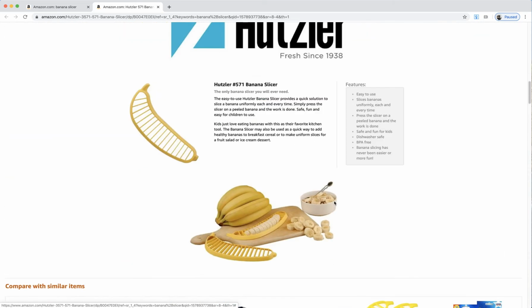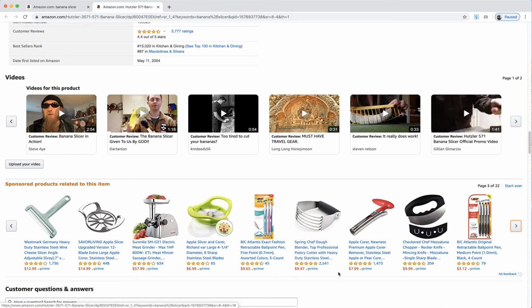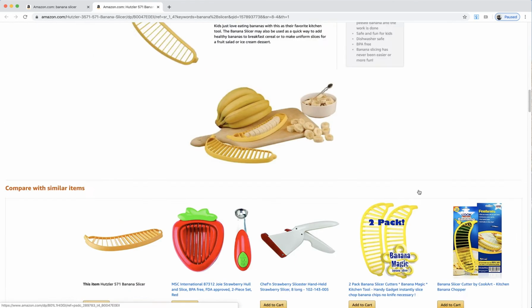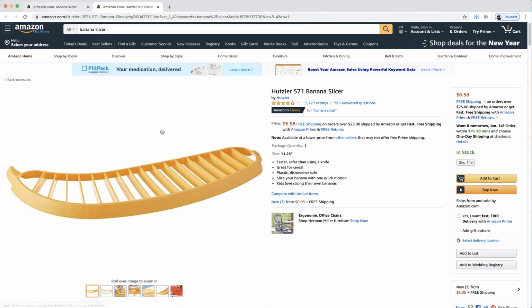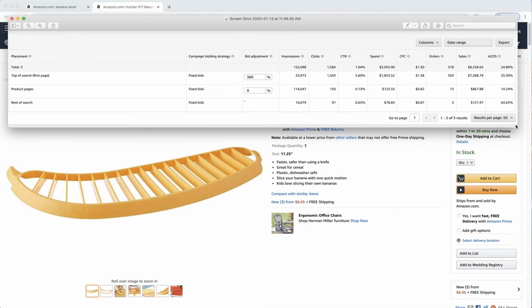Maybe they're like, I don't really want a banana slicer. Hey, but I really like, whatever, these pens. For whatever reason, the pens are there. Rather than spend your $2 there, over here it makes a lot more sense to spend your $2 or a higher bid on the top of search.